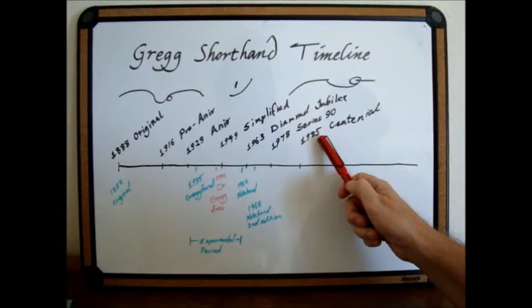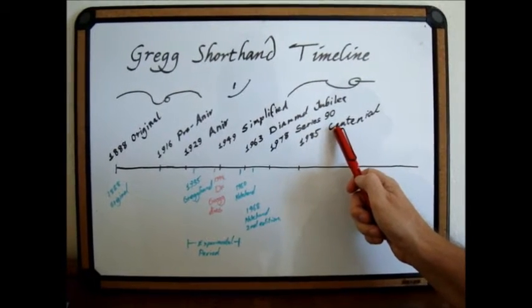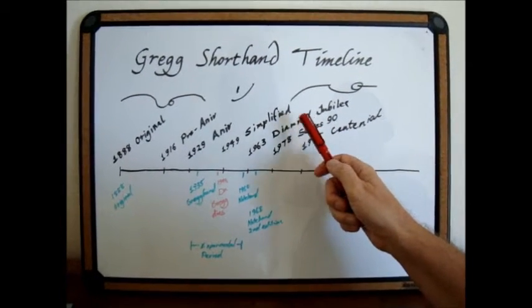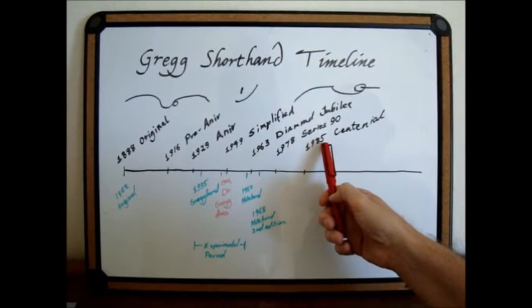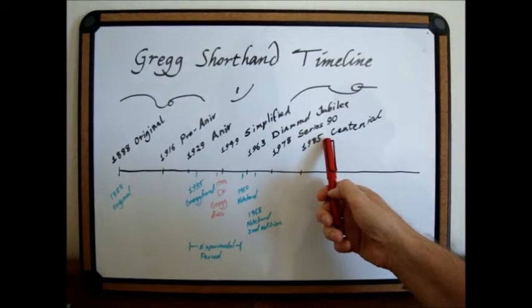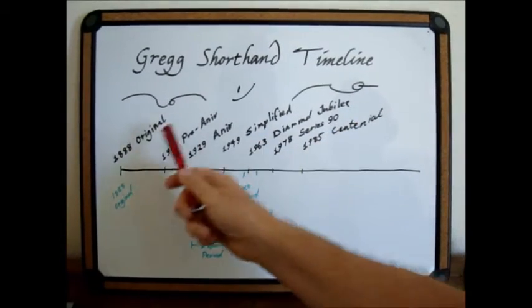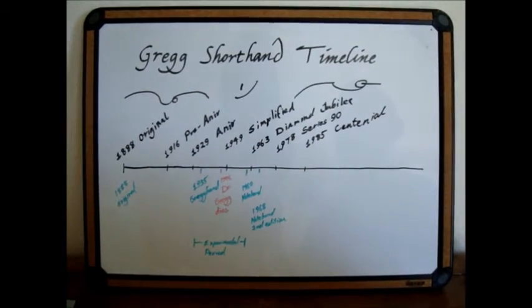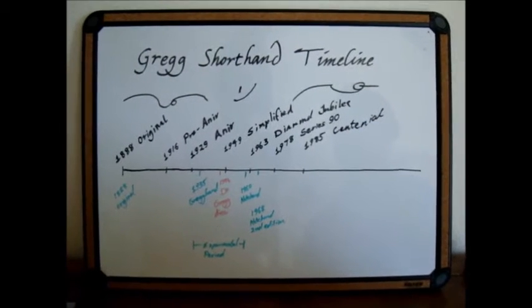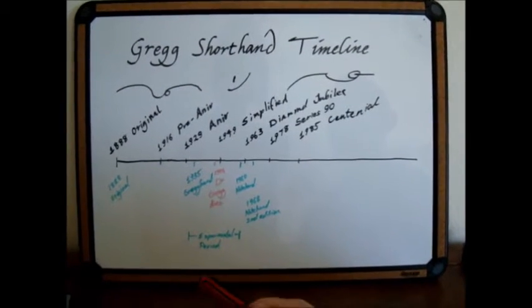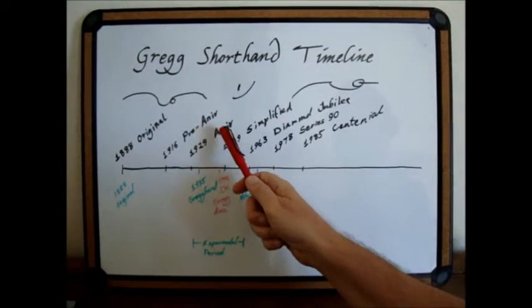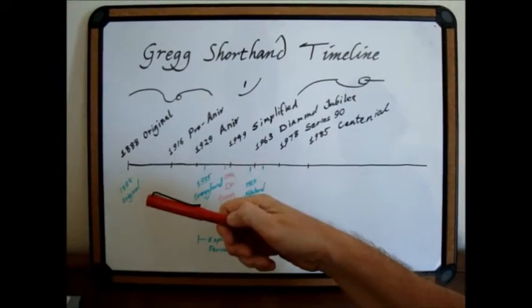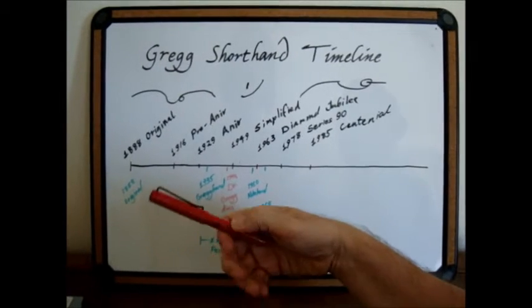There was one more version, which was the Centennial, which went back to recapture some of the abbreviations from Diamond Jubilee and simplified. But at this point, shorthand for business use was pretty much dying out. So these black elements here are what Gregg based his publishing empire on. There were many copies of these, and they were published in well-bound typeset books, etc.